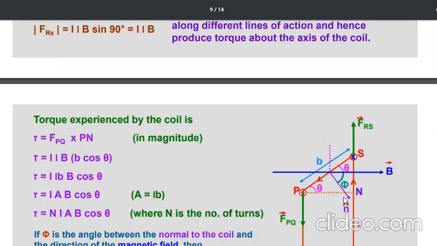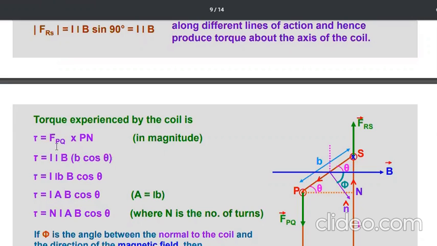Base upon hypotenuse equals cos theta, that is PN over PS equals cos theta. Therefore PN equals PS cos theta, and PS is nothing but b. So in place of PN we write b cos theta.